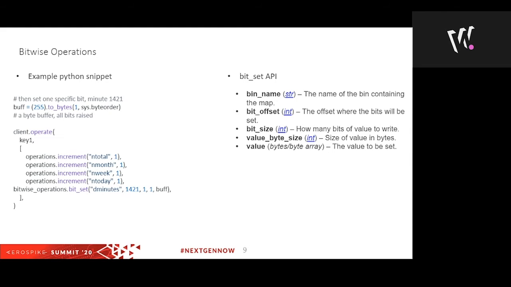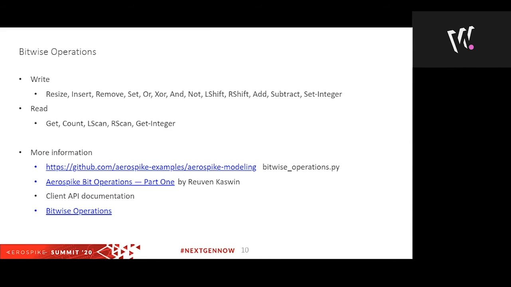This refers to how many bits of the value to write. And in this case, since we want to set one specific bit, we're also setting this value to 1. And just before that, you can see we have the 1421 value. This is the offset that we want to set for minute 1421.